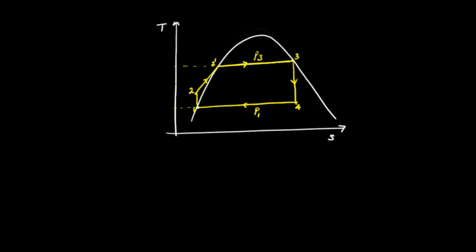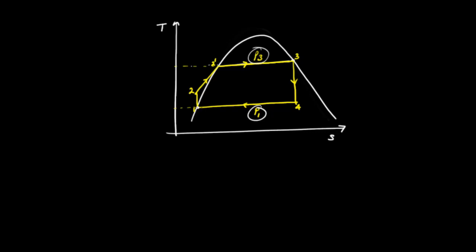Then what we need to know is what are the pressures at which heat is being rejected, that is this condensation process from 4 to 1 is taking place, and what is the pressure of state 3. So if these pressures are known, then we can analyze this ideal Rankine cycle, which is the basic Rankine cycle.